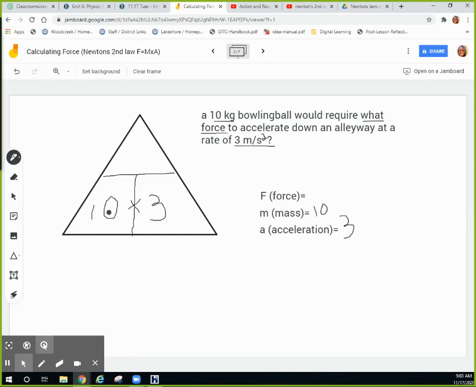Good. 10 kilograms times 3 meters per second squared gives me 30. What's my unit? Newtons. 30 newtons. Good.